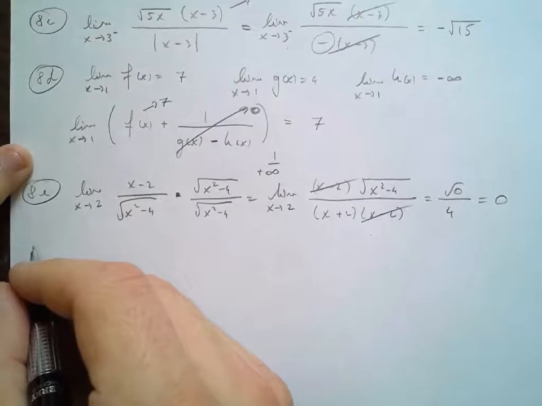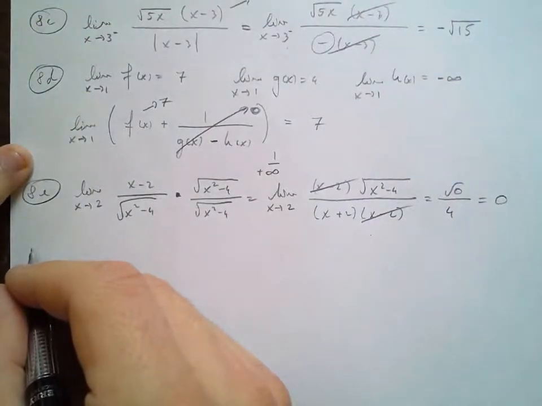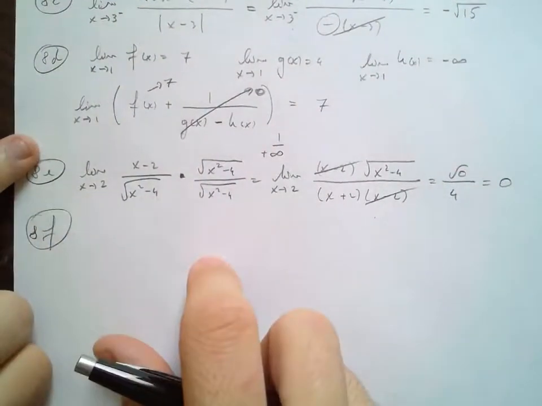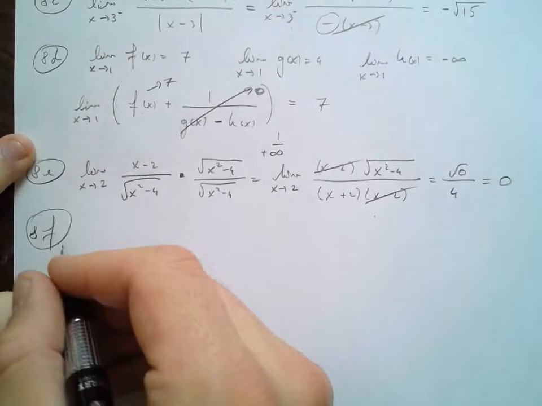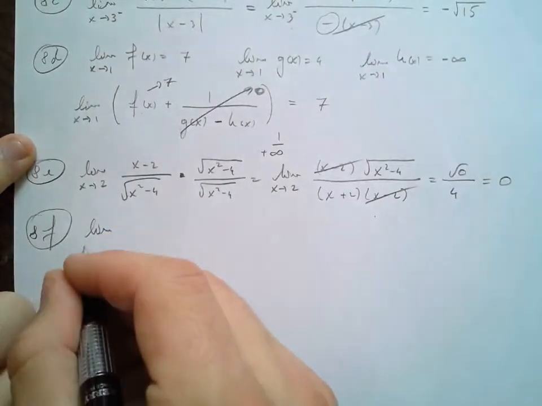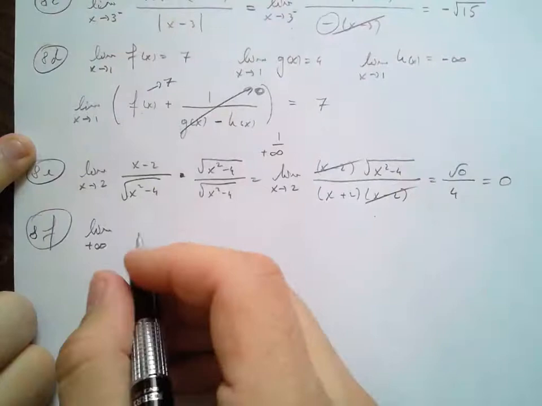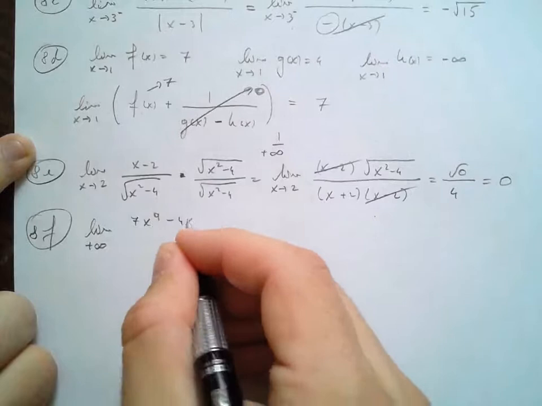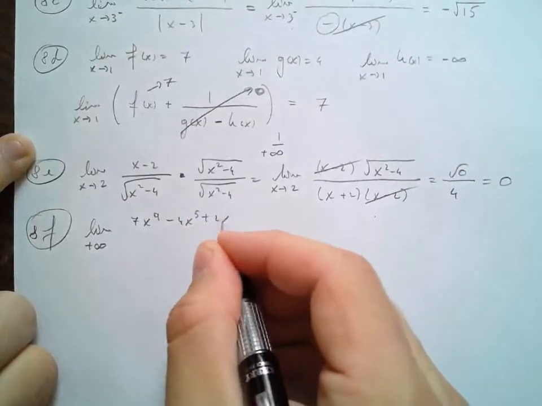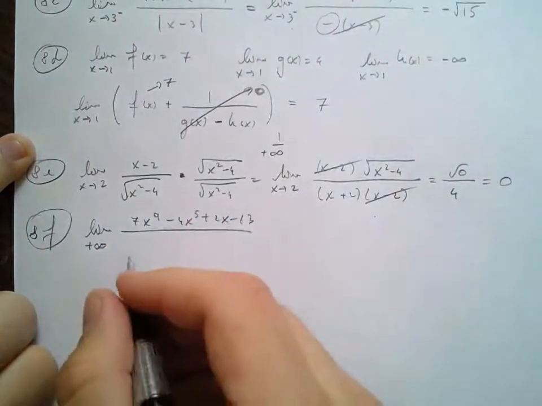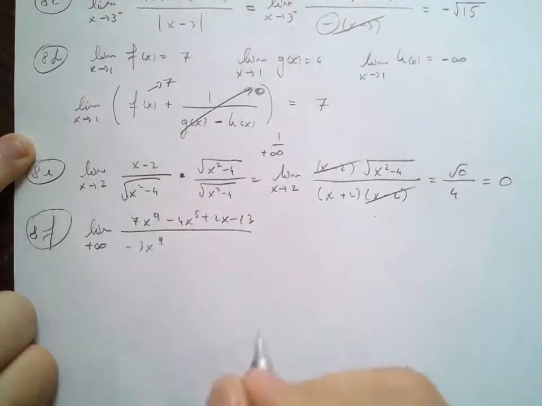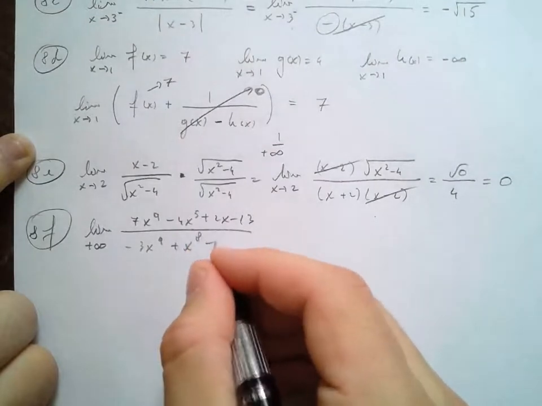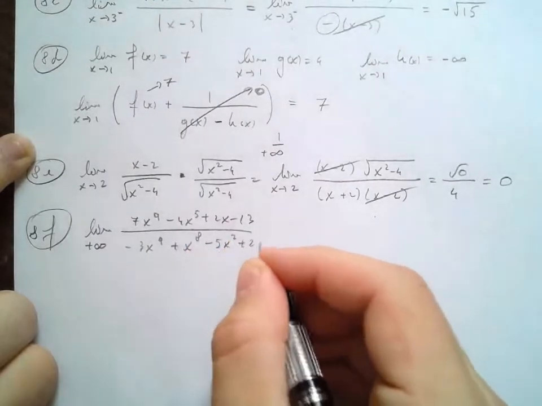Let's go ahead and do problem 8f. Here we have a limit at plus infinity of the rational function 7x to the 9 minus 4x to the 5th plus 2x minus 13, all divided by negative 3x to the 9th plus x to the 8th minus 5x squared plus 2x.